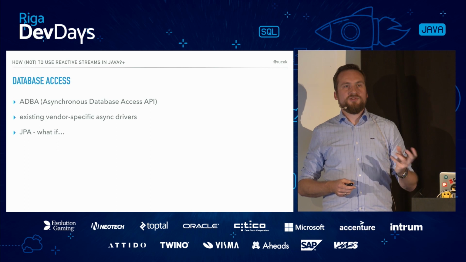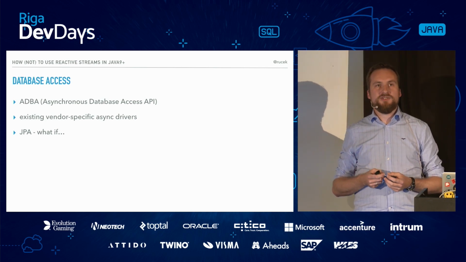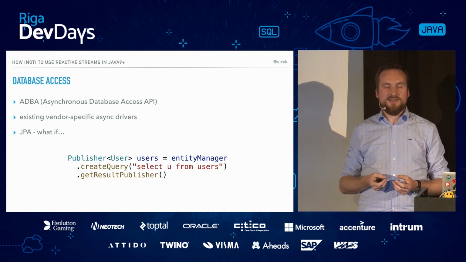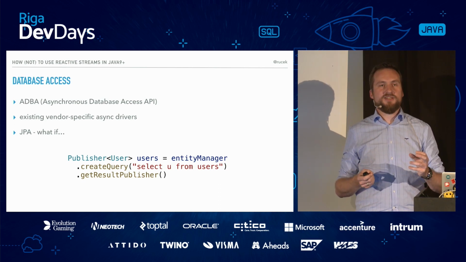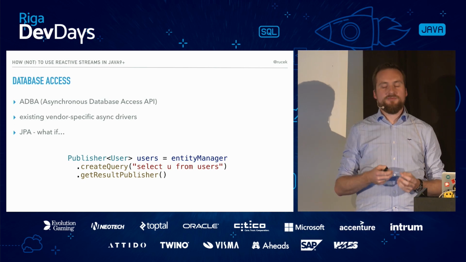And if you took JPA, for example, so now if you want to have a list of entities from the database, you create a query and call getResultList. But it would be really nice if, instead of just getting the result, you could get a publisher of the results coming from the database.